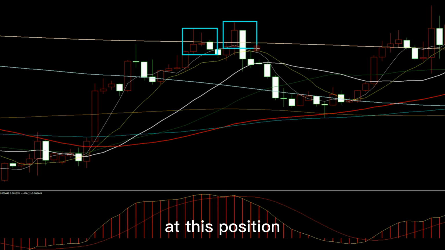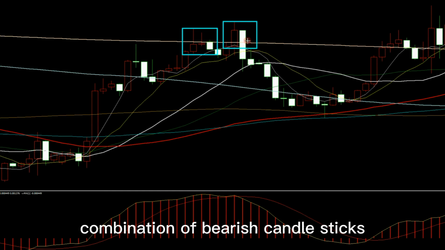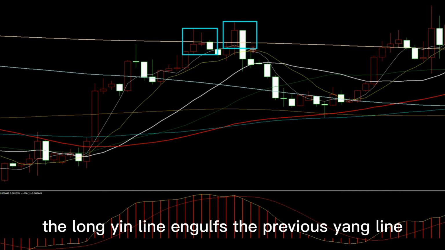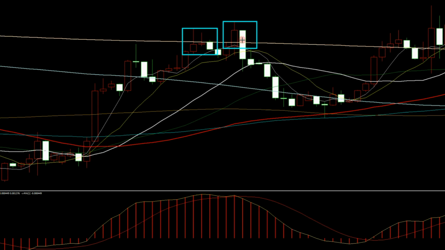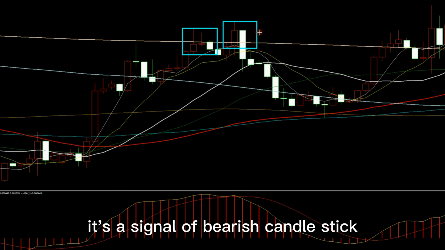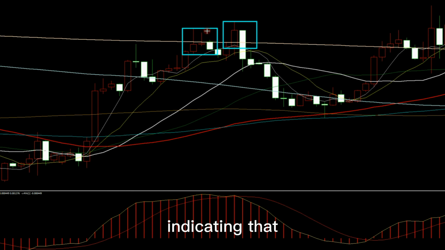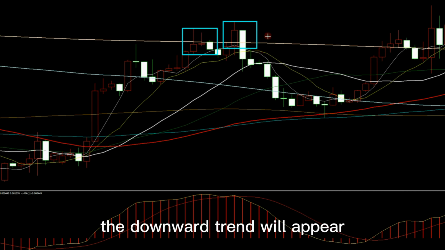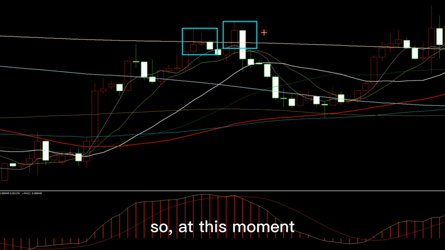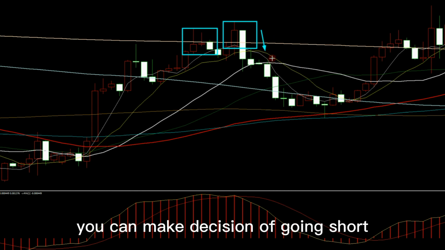At this position, in the combination of bearish candlesticks, the long inline engulfs the previous yang line. It's a bearish signal indicating that the downward trend will appear. So at this moment, you can make a decision of going short.